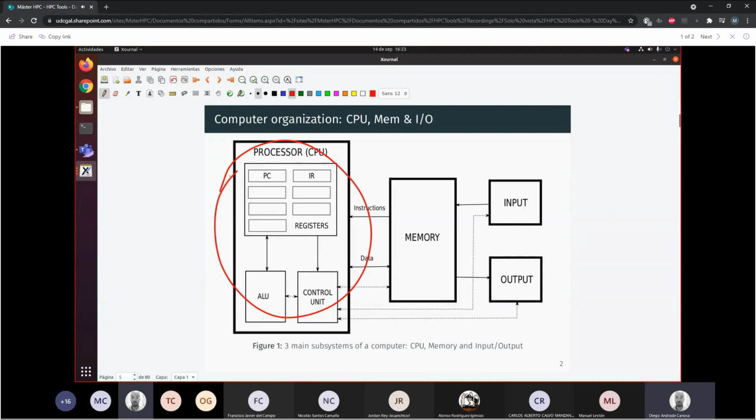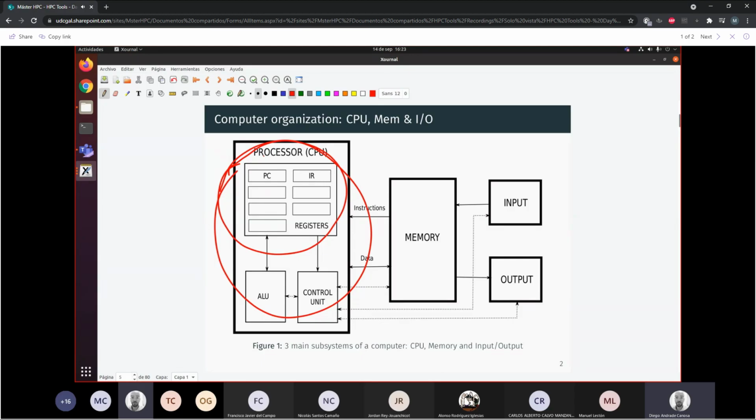These registers are buffers or locations where we can store information, namely the data on which we want to perform the different operations, the places where we are going to store the results, and also the codification of the instructions that we are executing.